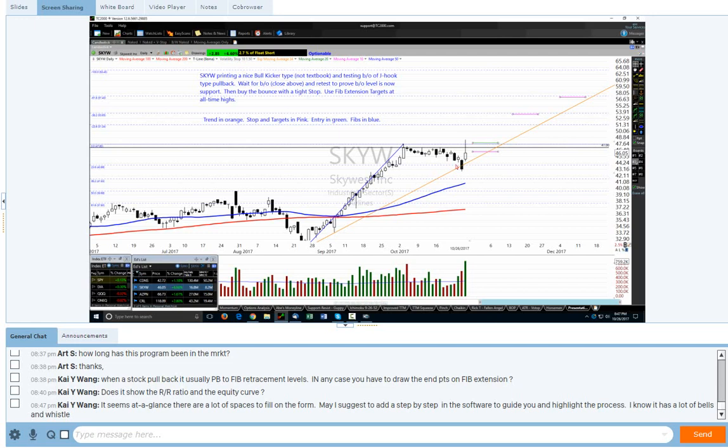Yeah, Kai, there will be for version 2. There is for version 1 a step-by-step guide. There are also things that will be in it that make it a lot easier. For example, you can trade from the chart, and that will eliminate some of the data entry.